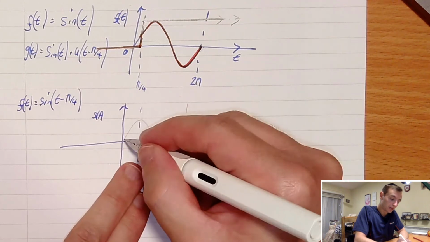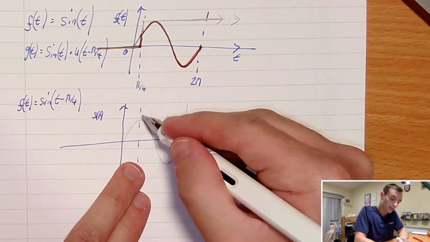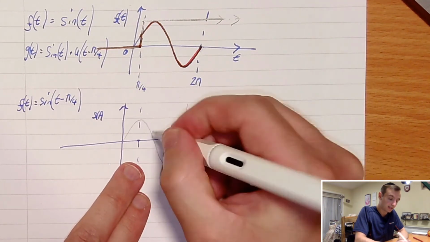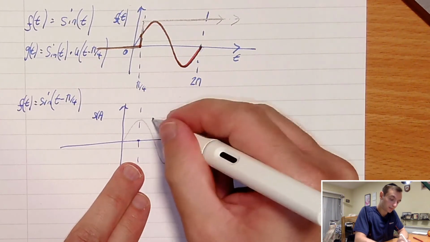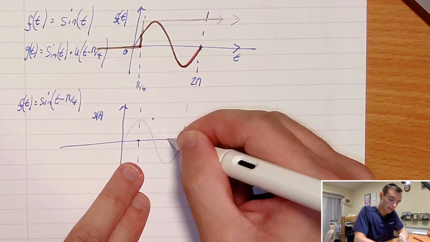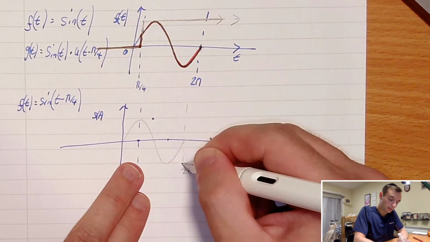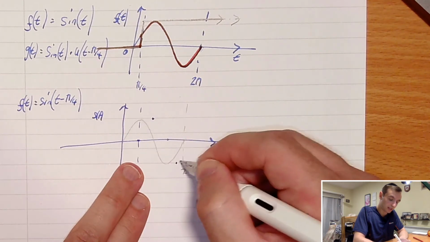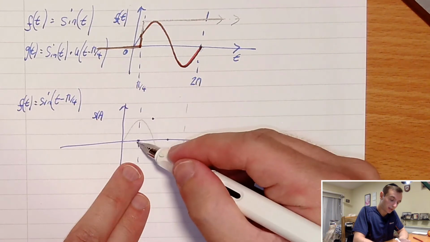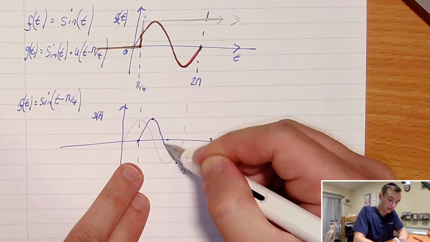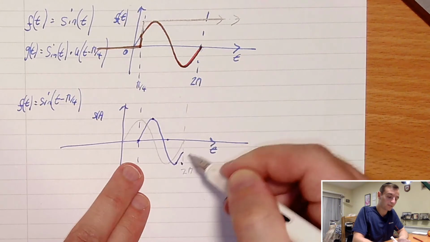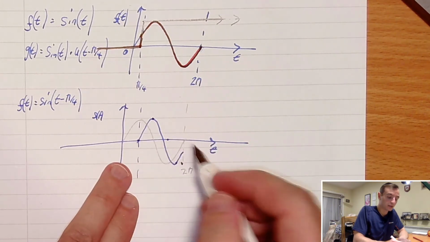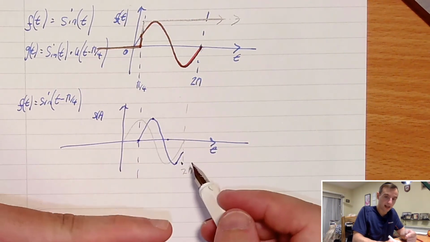So this is going to be over here, and that's going to be over here. Is that right? No, it's going to be over here. So I think it's going to look something like that. The whole sine wave is shifted pi on 4 units that way.